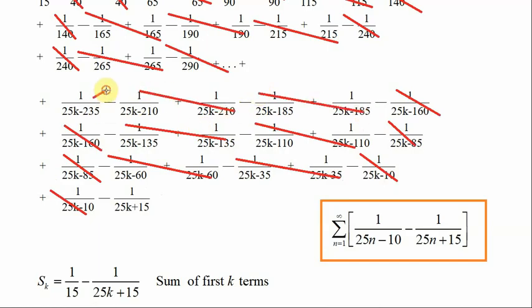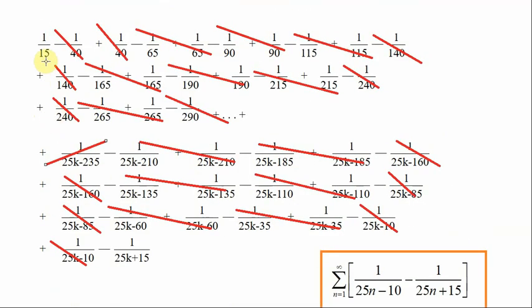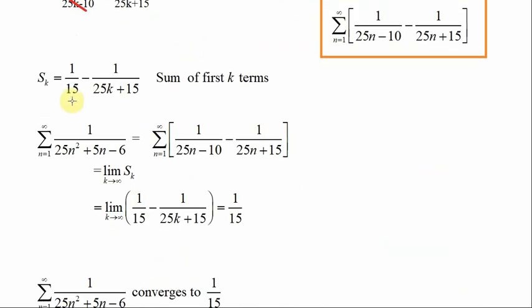And then eventually this term will also drop out. And so what's left is just 1 over 15 minus 1 over 25k plus 15. So the sum of the first k terms is 1 over 15 minus 1 over 25k plus 15.